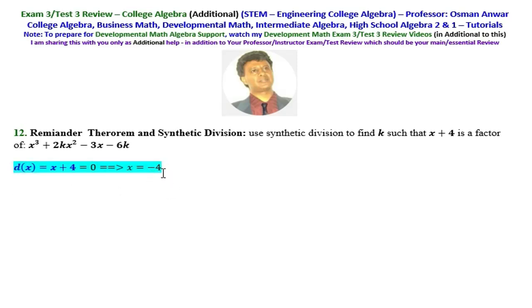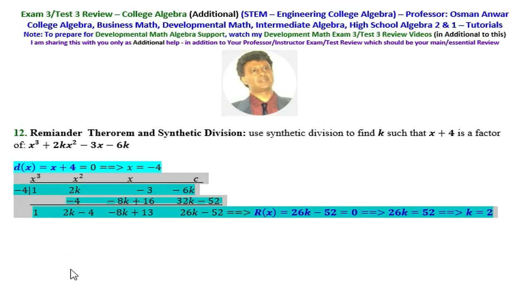And we're going to synthetic divide this by minus 4. So 1x cubed plus 2kx squared minus 3x minus 6k, this is a constant. So 1 is for x cubed, 2k is for x squared, minus 3 is for x, minus 6k is for the constant. Synthetic divide this by minus 4.